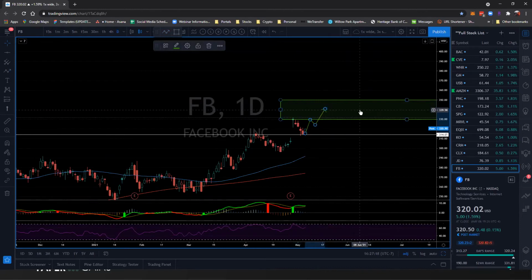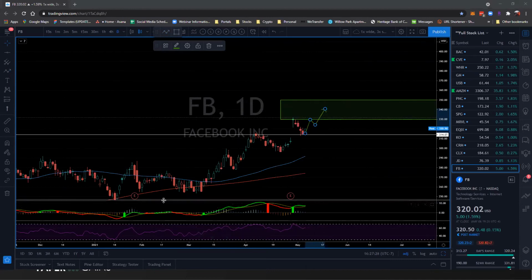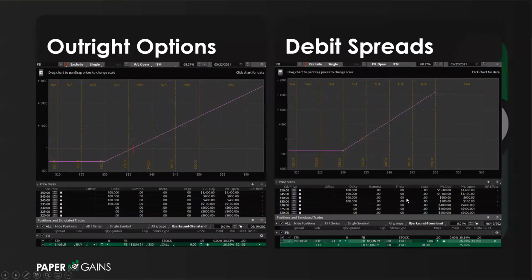If this is right in the middle at 340, I've won. This is a $20 wide spread. So it should be about $1,000. So let's go back. I'm guessing at 340, it'll be worth $1,000. Perfect. So it's $600 plus our $400 that we paid. There's your $1,000. Does that make sense?